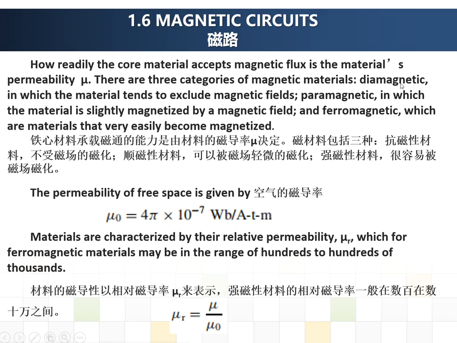Diamagnetic materials tend to exclude magnetic fields. Paramagnetic materials are slightly magnetized by the magnetic field. Ferromagnetic materials very easily become magnetized.